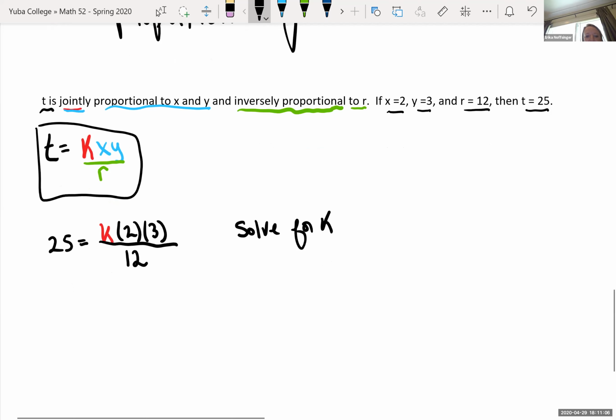Okay, so I notice I can simplify a little bit before I get k by itself, because I have division, and this is strictly multiplication on top and a single term on the bottom. Well, 2 times 3 is 6. 6 goes into 12 twice. And so I'm really left with 25 equals k over 2.